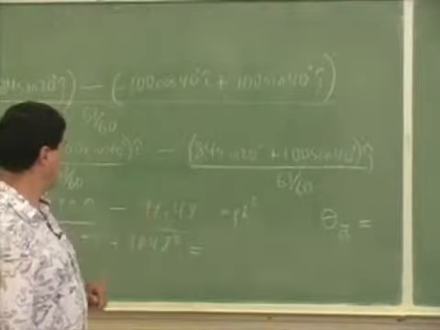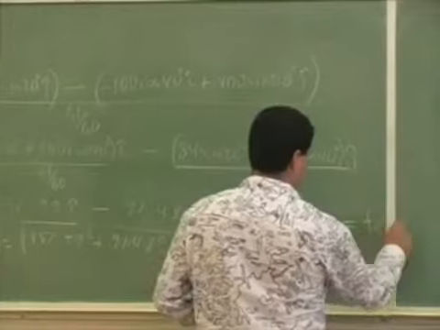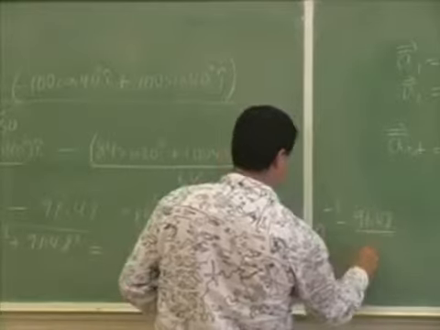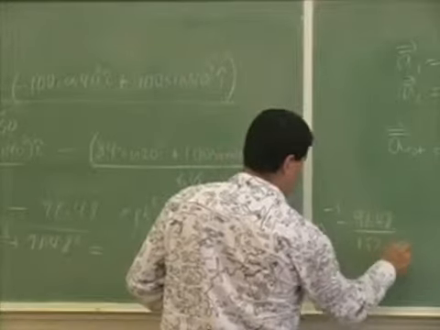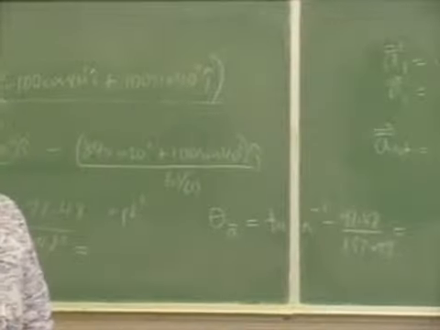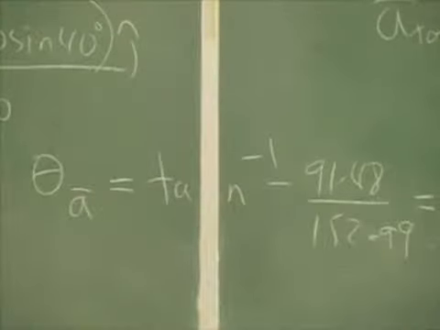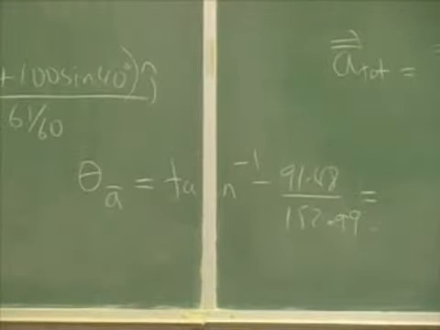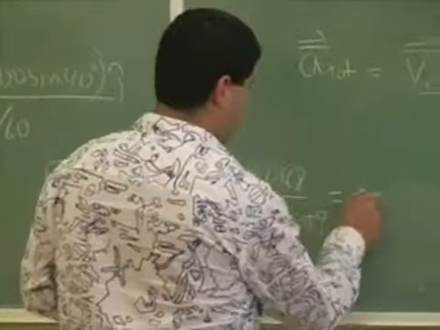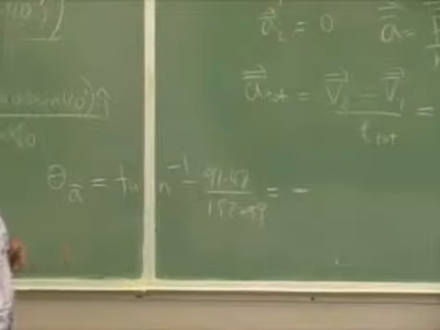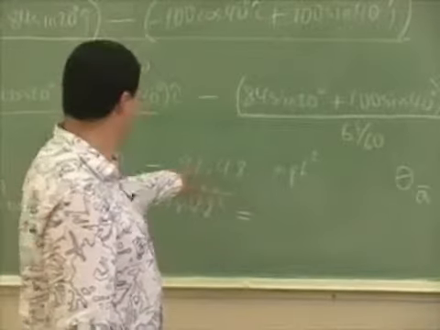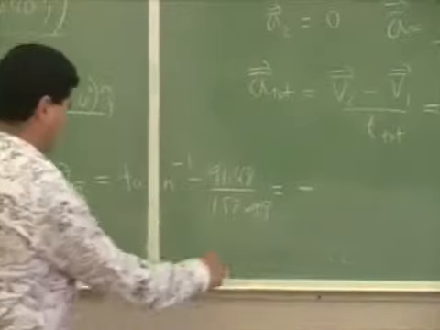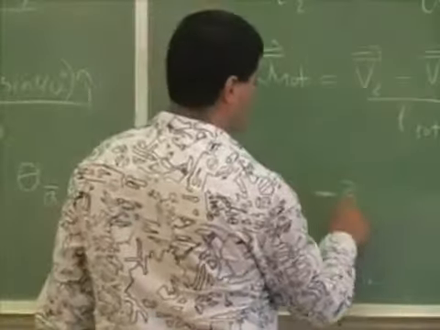That's going to be the tan inverse of, it's going to be negative, negative 91.48, the y over the x, right? Negative 0.88.